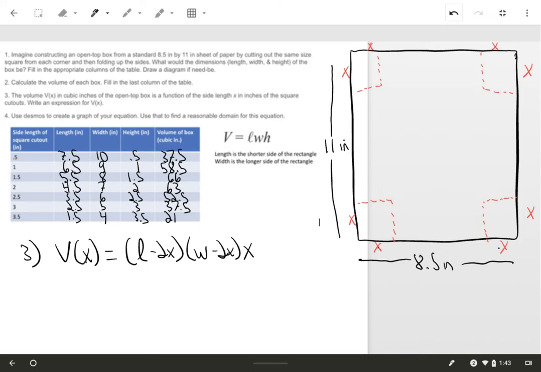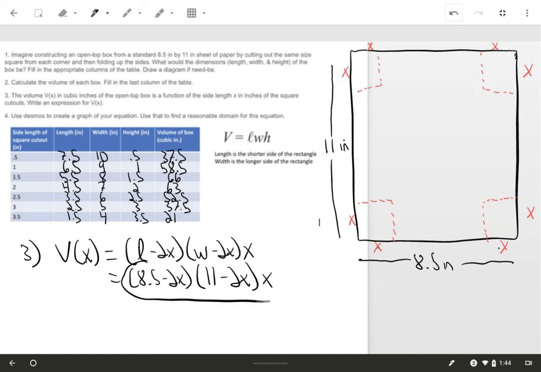Okay. So what we're going to do is fill in the length. Now, what did we say the original length was? The original length was 8.5 inches. So this is going to be 8.5 minus 2x. And the width, remember, is 11 minus 2x.